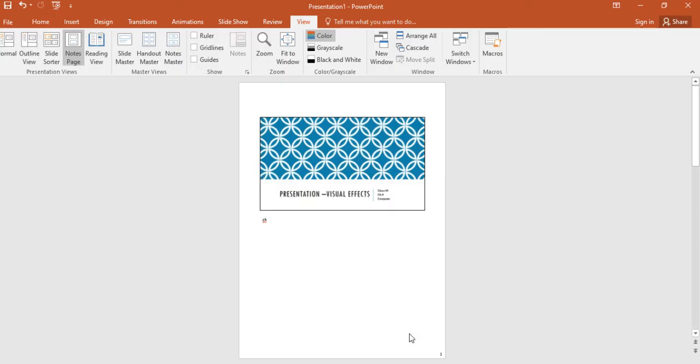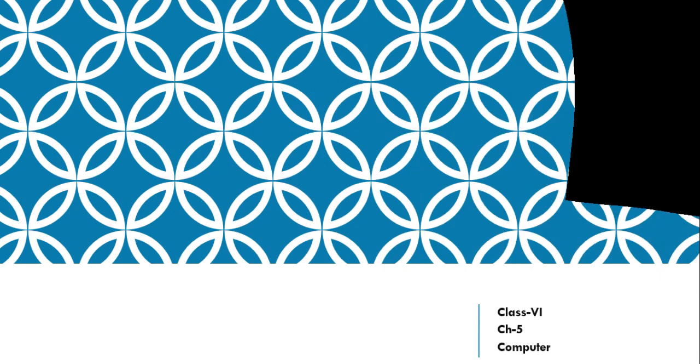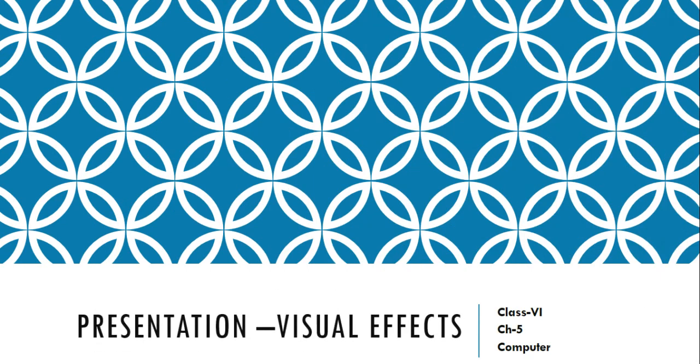The next is slideshow view. If you want to view the slideshow, just go to the Slide Show tab, and after clicking on it, click on From Beginning. In this way you can view your slideshow.